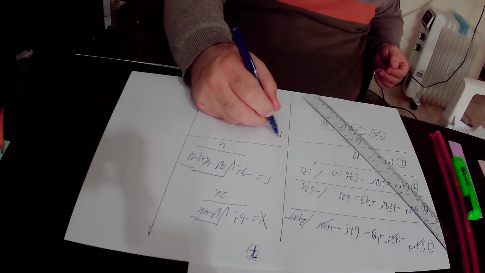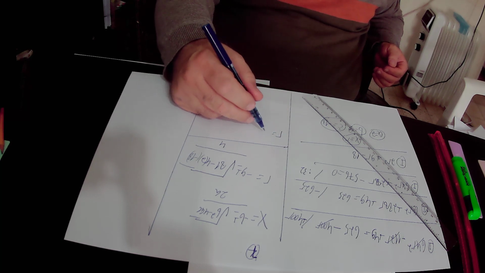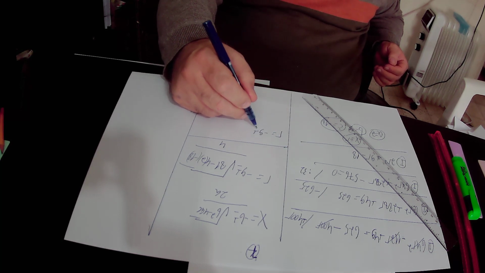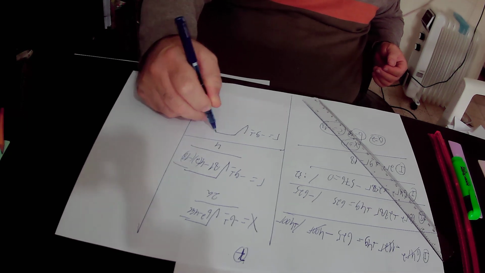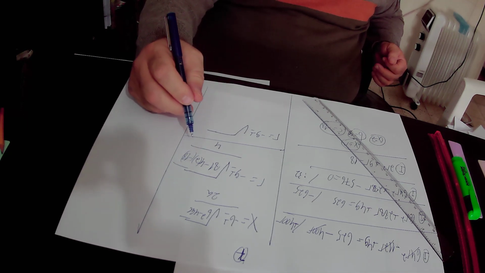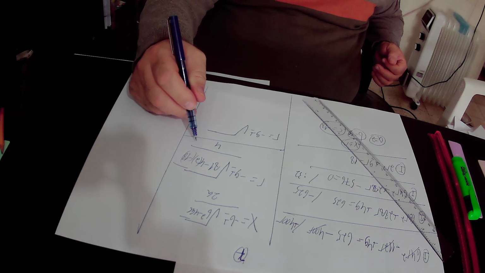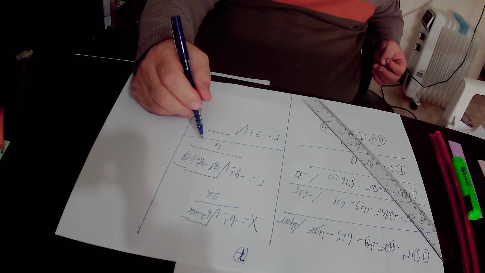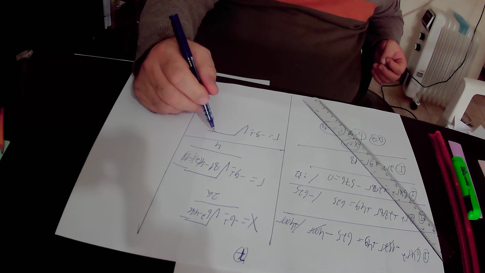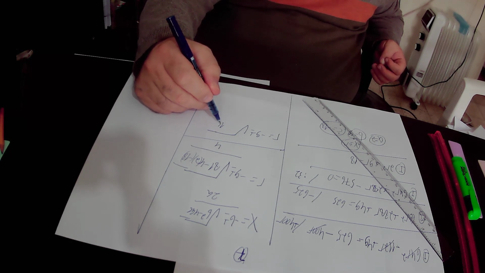So r actually equals minus 9 plus minus. Inside the root we have minus 18 times 2 is minus 36. Minus 36 times minus 4 is plus 144.